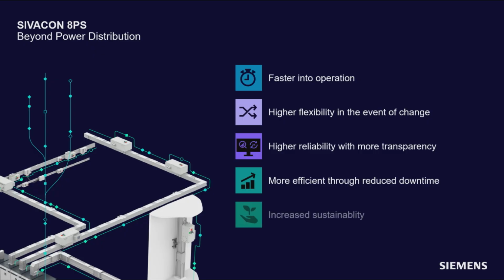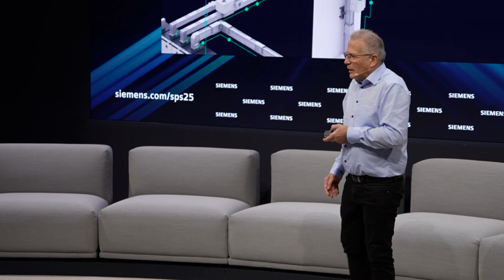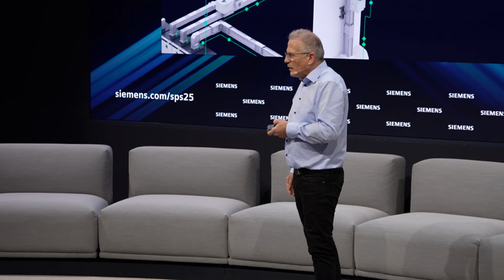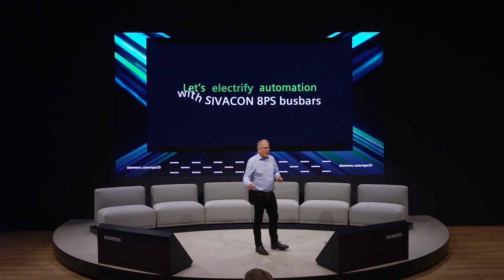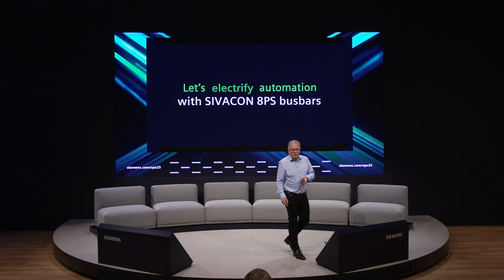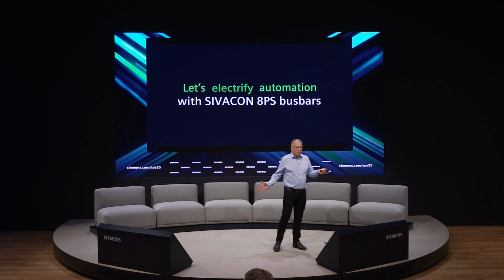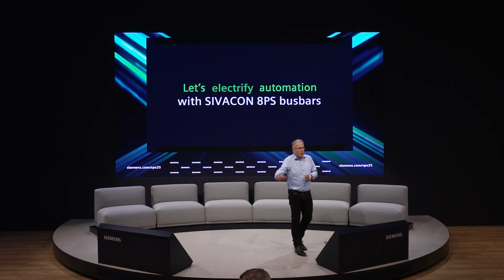And last but not least, you are doing something for the environmental protection. Also, the carbon footprint is better than with other systems. We are using no plastic, only metal. That's also very important. And this you all get when you electrify your automation with the Sivacon 8BS busbar trunking system. So the next time you build a production hall, please consider also to use this busbar trunking system.